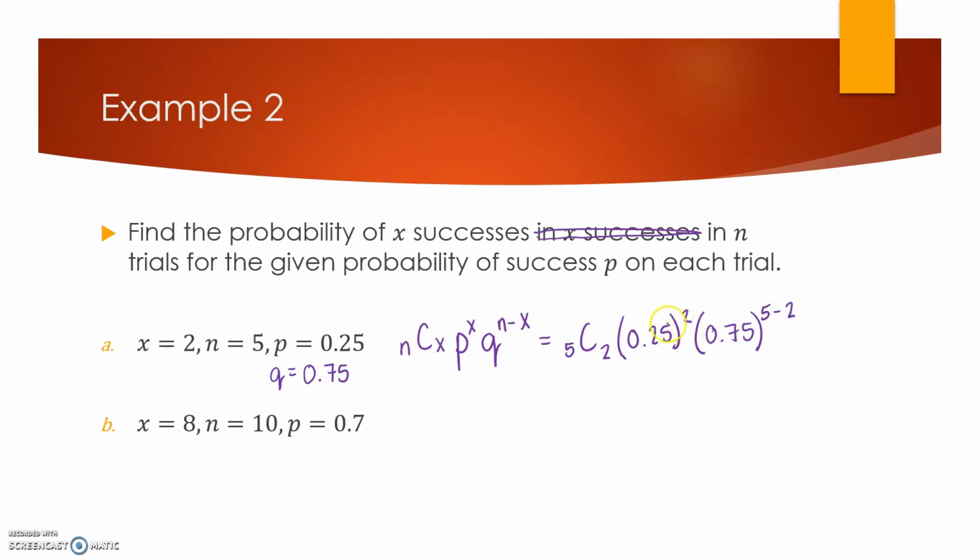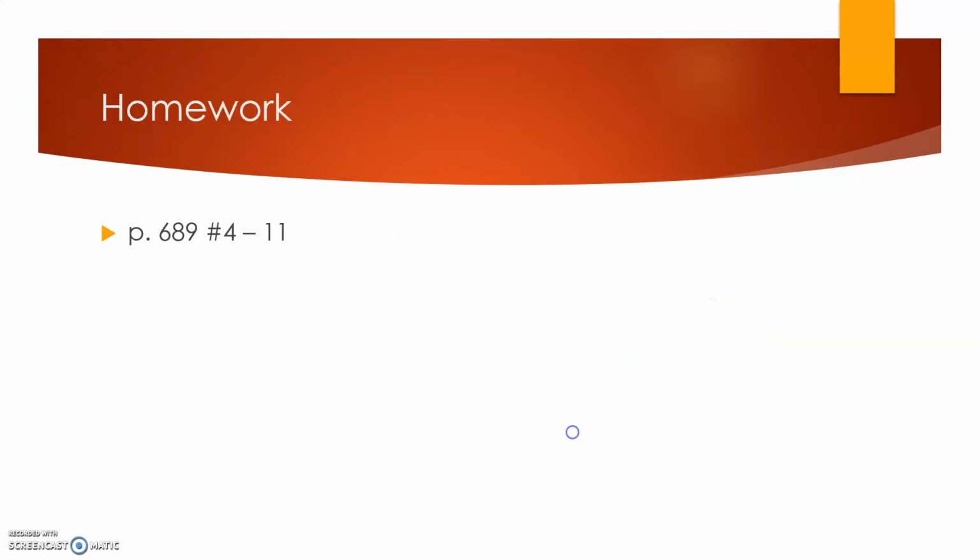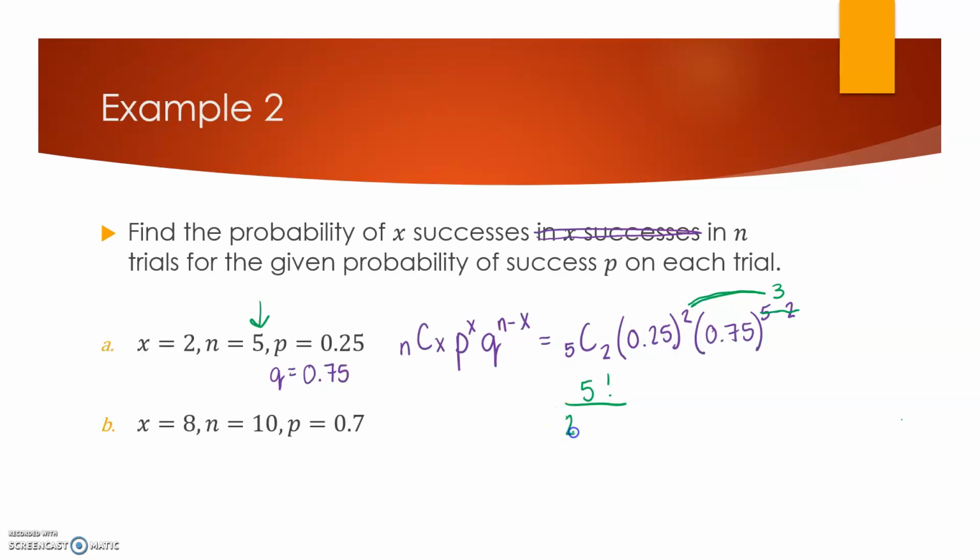When I simplify that, I'm going to get a 3. Notice that these two exponents add up to how many total trials I'm doing. So when I calculate the 5 choose 2, I'm going to get 5 factorial over 2 factorial times 5 minus 2 factorial.